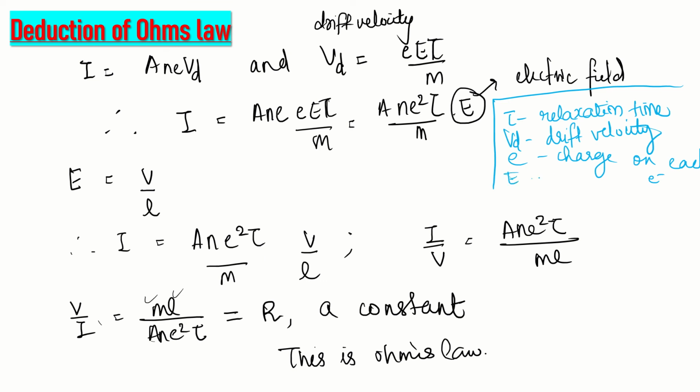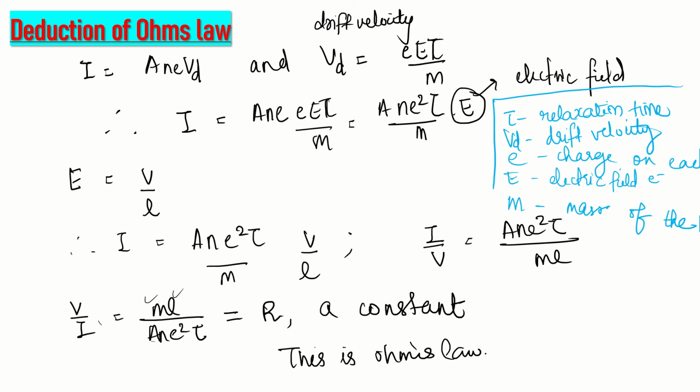Now E is the electric field. Then what is left? n, A. Yeah. And m is the mass of the electron.